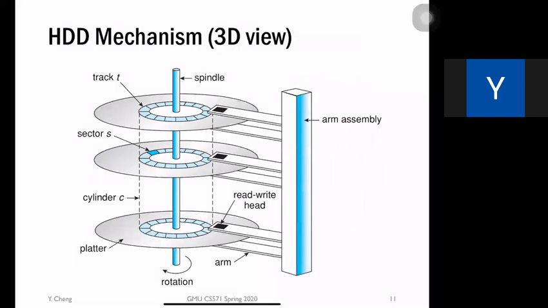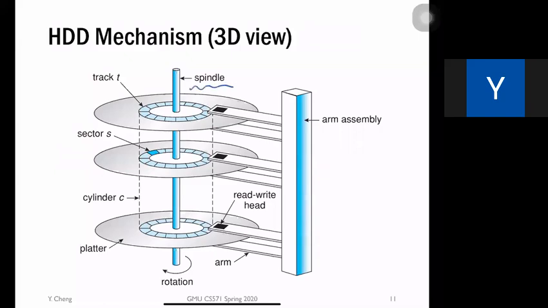All right, so this slide shows a more comprehensive three-dimensional view. It more closely resembles how a real-world hard disk drive looks internally. We have multiple platters stacked on each other, and in the center of them is a single spindle.